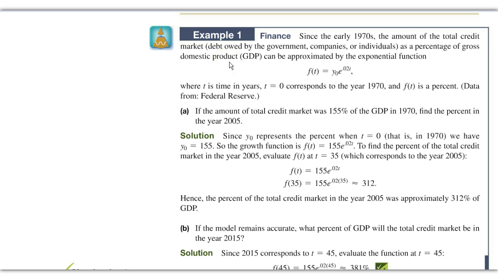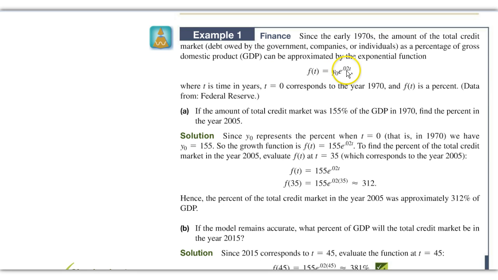Now, if you take any economics course, you'll see that GDP, gross domestic product, an acronym they often use, can be approximated by the exponential function here. f of t yields what it was at the year you're starting, times e to the exponent 0.02t, where t is going to be years.